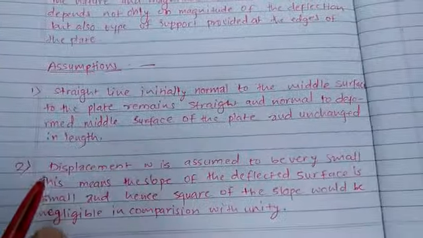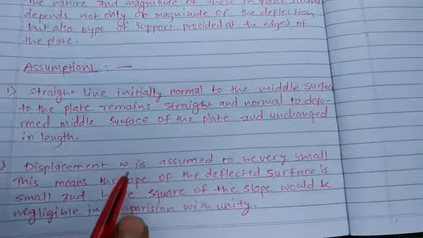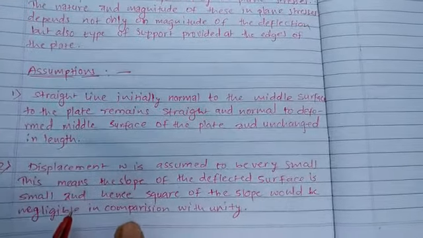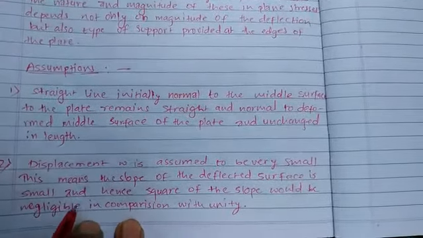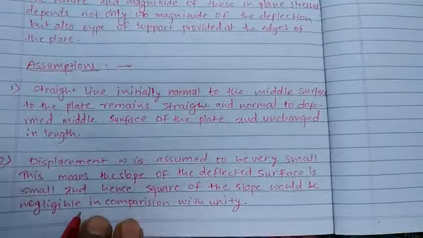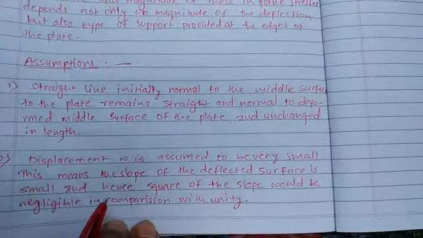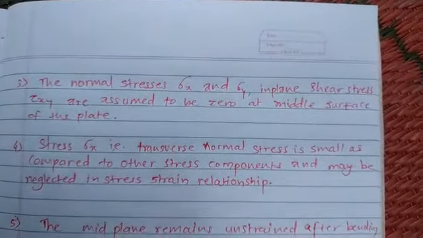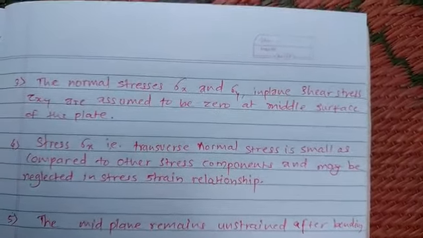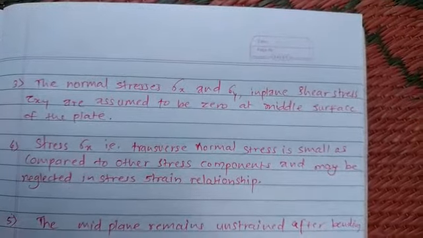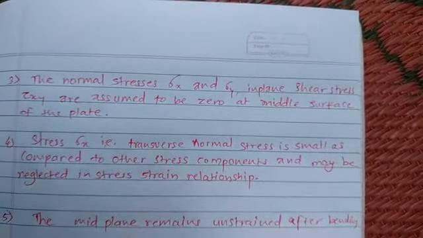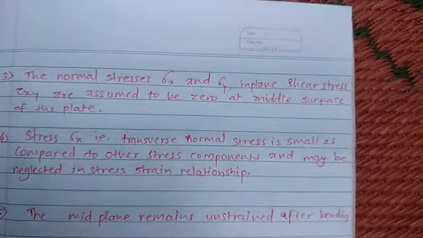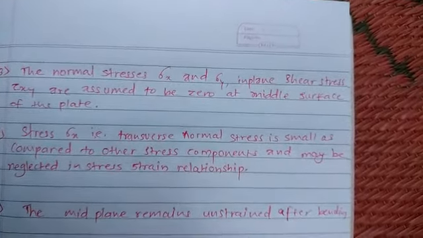The second assumption is that displacement W is assumed to be very small. This means the slope of deflected surface is small, and hence square of slope would be negligible in comparison with unity. Third assumption is that the normal stresses sigma x and sigma y and in-plane shear stress tau xy are assumed to be zero at the middle surface of the plate.